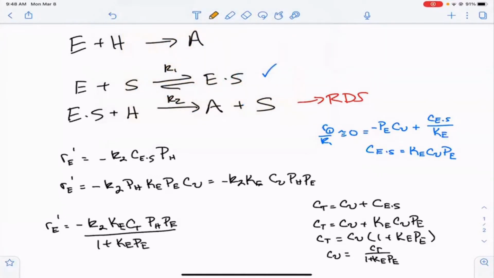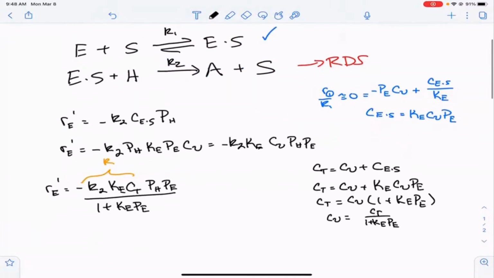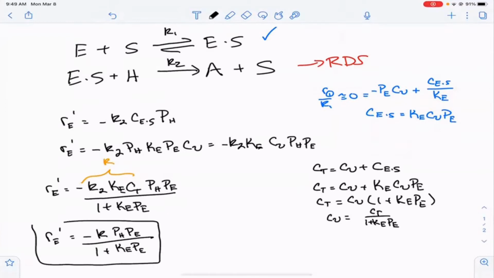All we're going to do here is call this K, just the reaction rate constant. And if we do that, RE prime equals minus K times the pressure of hydrogen times the pressure of ethylene over 1 plus KE times the pressure of ethylene. And there's our rate law from our mechanism.